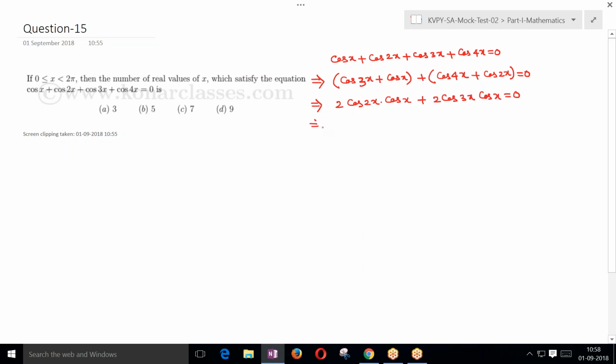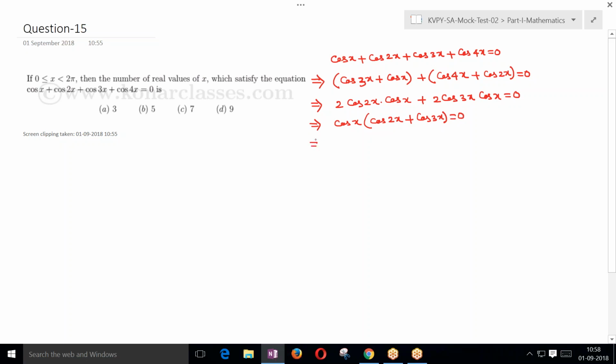So from here we can take cos x common, then we get cos 2x plus cos 3x is equal to 0.